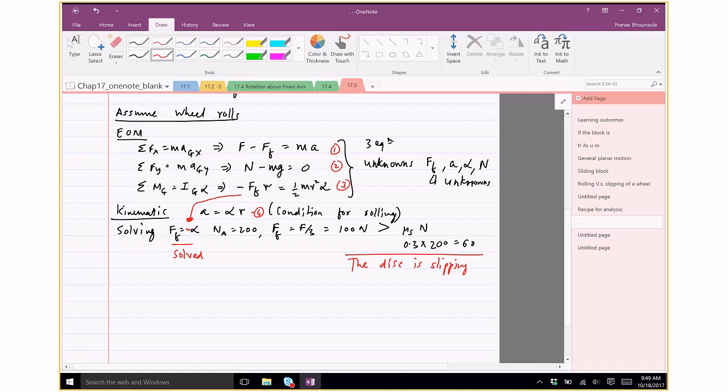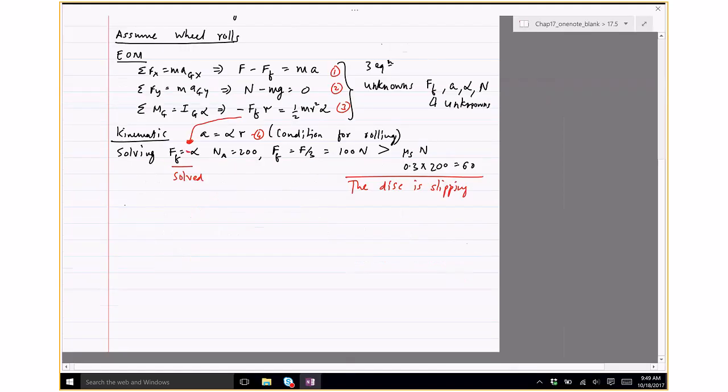Okay, so then what I do is I go back, I say, assume, now I know for sure it slips, so the disk is slipping. The good thing about when the disk is slipping is you do not have to write the equations all over again. Three of these equations are the same.